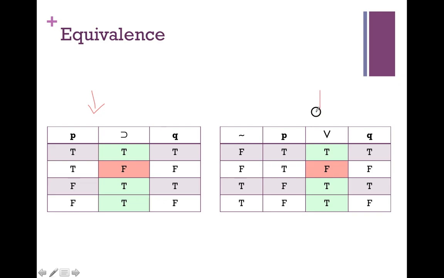And we're comparing these two. And look at it. True, true. False, false. True, true, true, true. So you notice here that these are equivalent propositions. The reason they are equivalent is because they have the same truth value in every single column, I'm sorry, every single row.